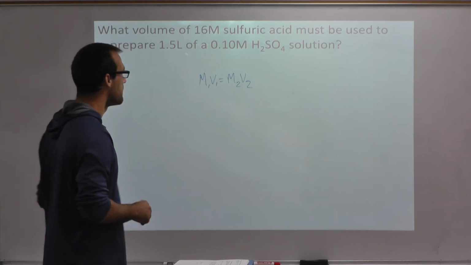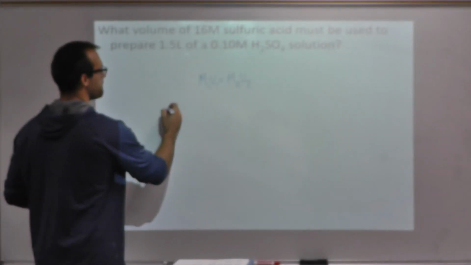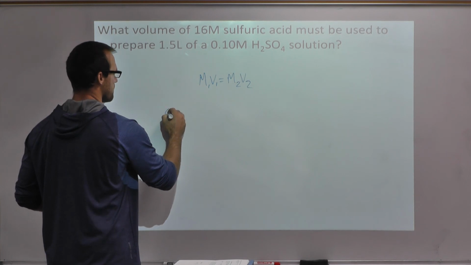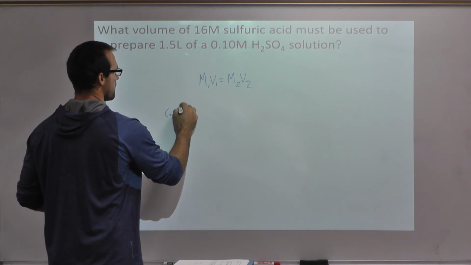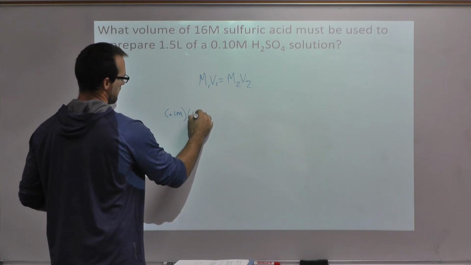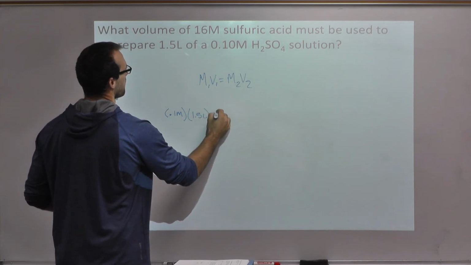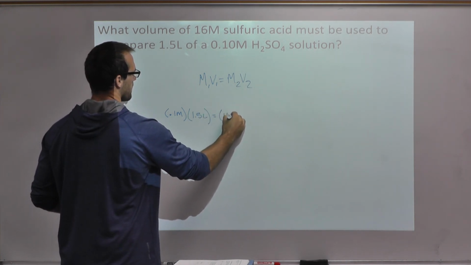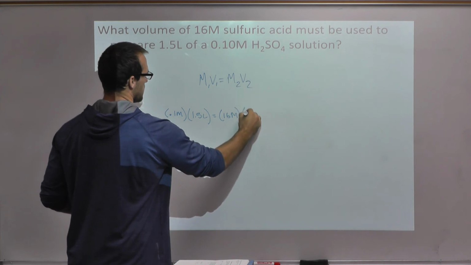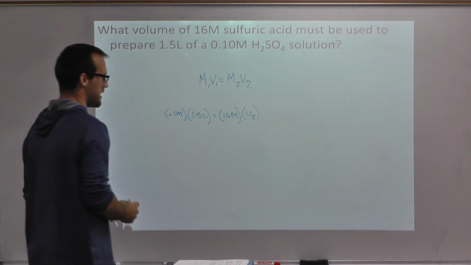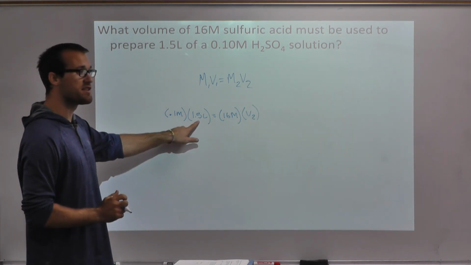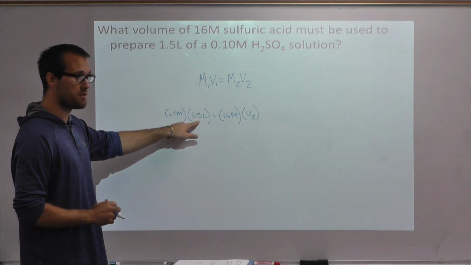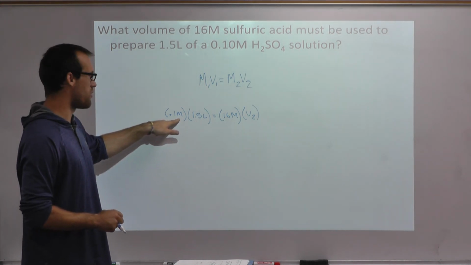Make sense? Just basic algebra. Essentially what you'd be doing here is saying, okay, this is the volume I want of my new solution, and this is the concentration I want.